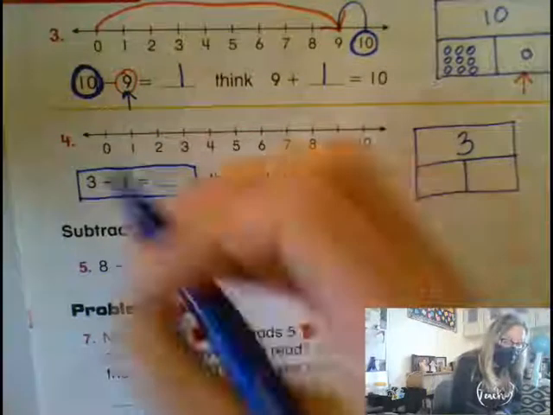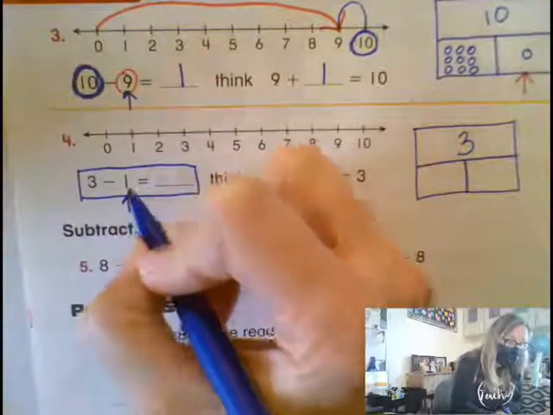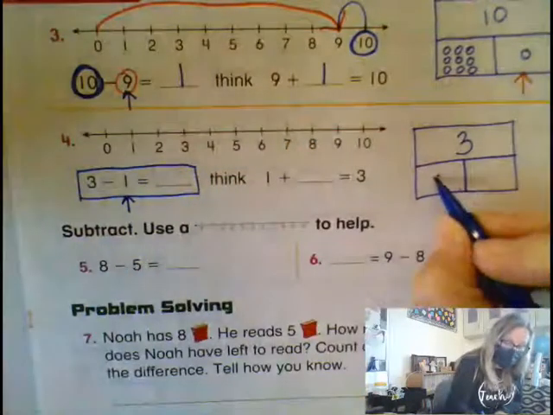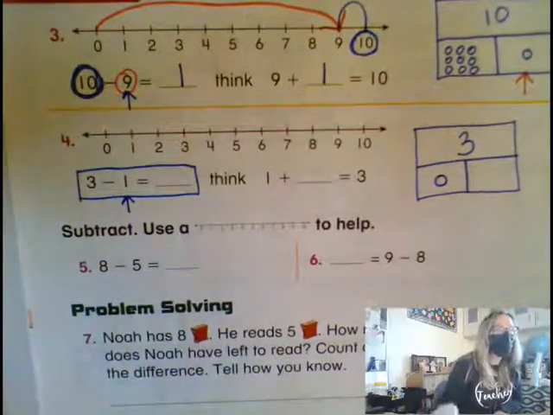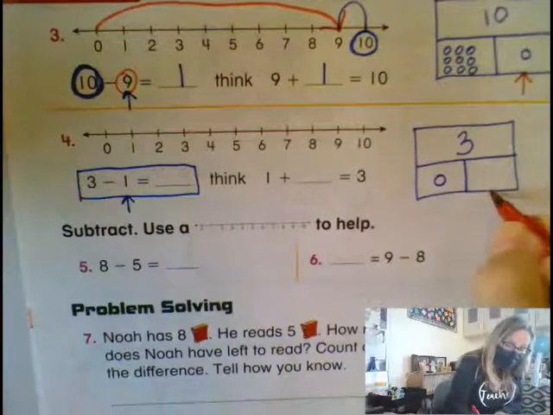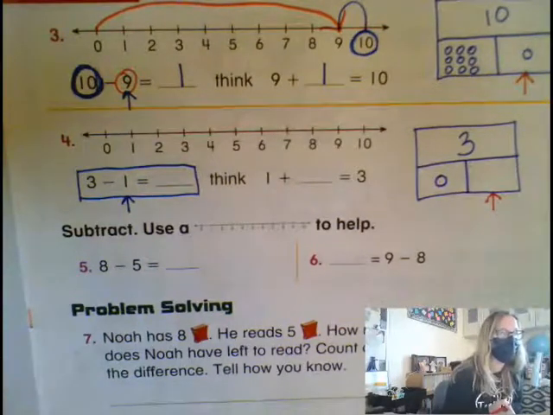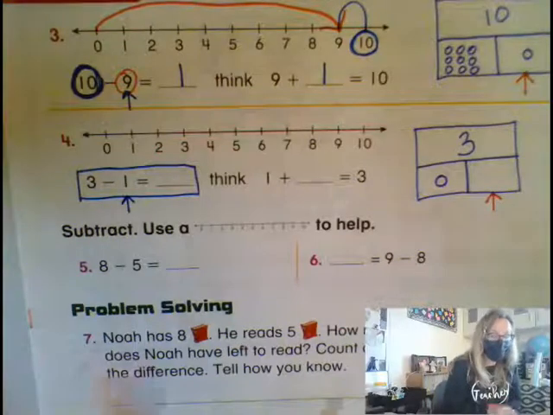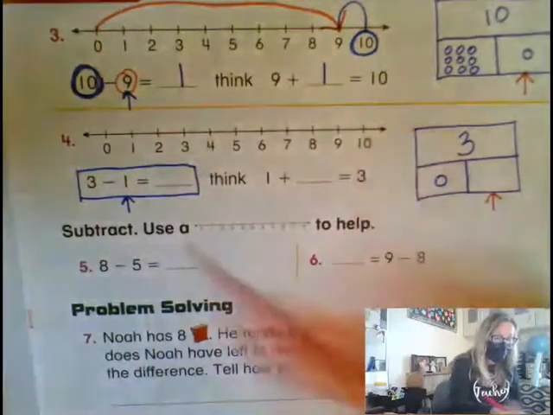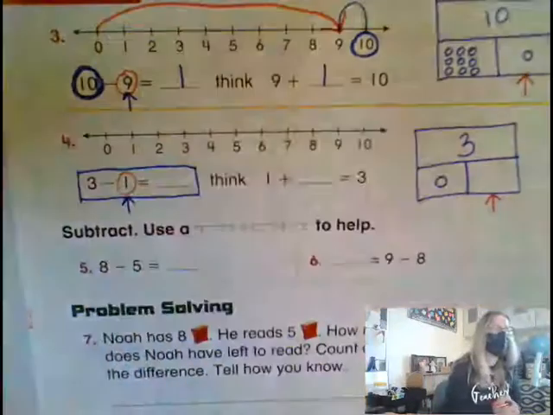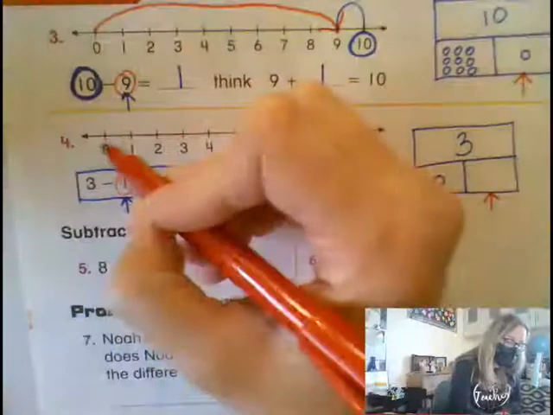And I know that one of my parts is this number 1, so I can put 1 there. What I'm trying to figure out, Em, is what's this other piece, the other part that would give me 3. So to solve that, looking at my number line, the first thing I'm going to do is jump to the number 1. So everybody start at 0 and jump to 1.